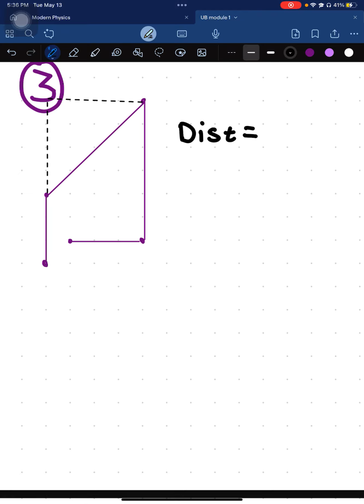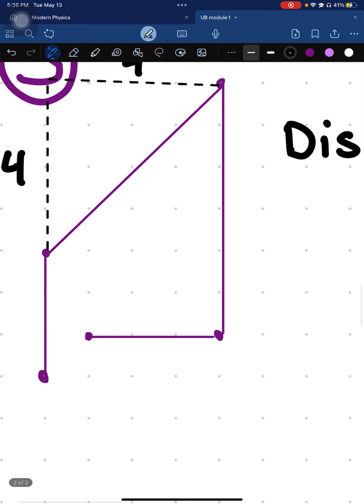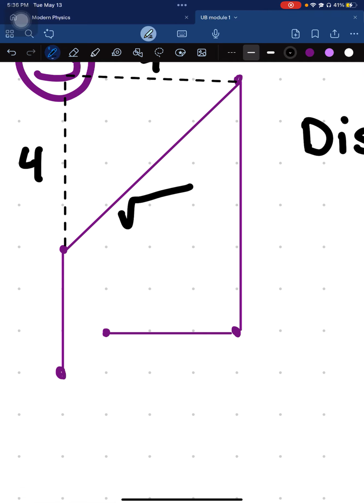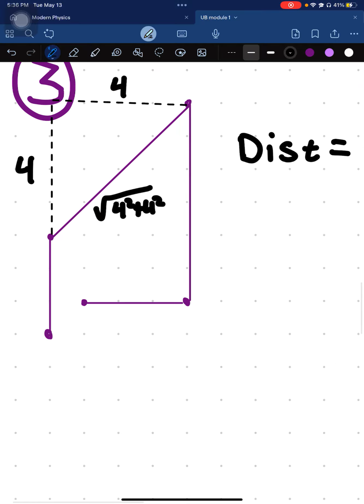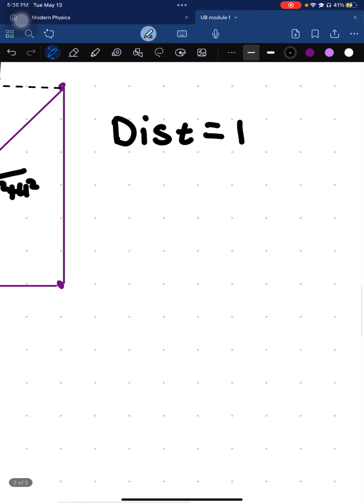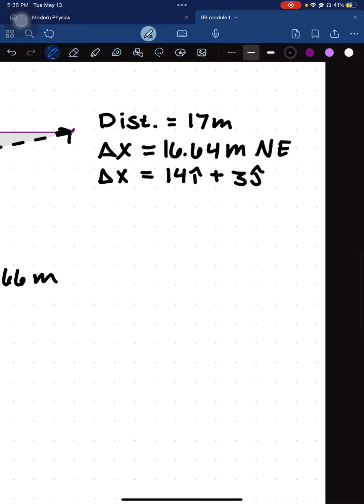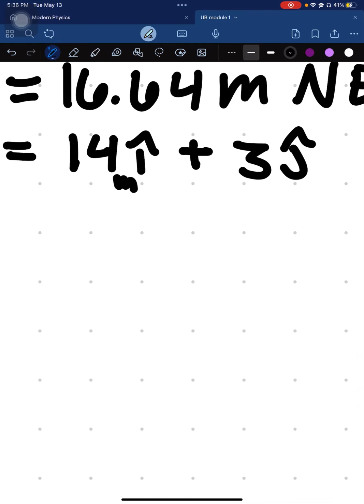And for this case, we have 1, 2, 3, 4 plus 1, 2, 3, 4. And so this is the square root of 4 squared plus 4 squared. And counting these all up, if you put this in your calculator, you get 17.66 meters. I forgot my units here.